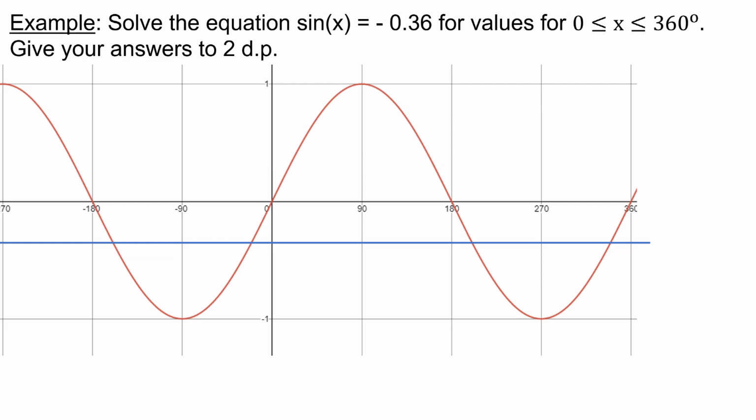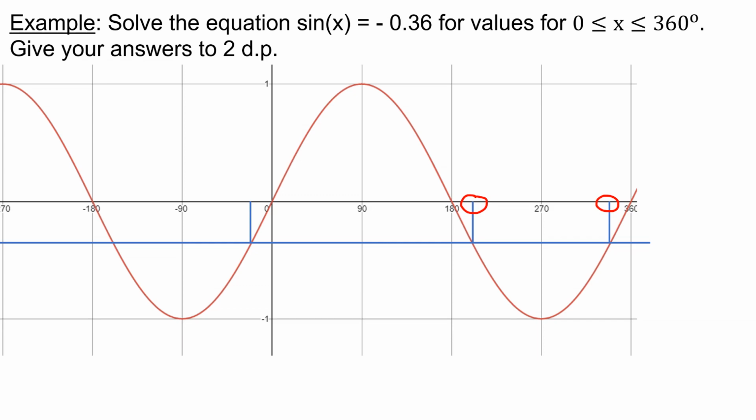Wherever that line hits the graph will be solutions to the equation sine x equals minus 0.36. So I'm going to draw some straight lines up from there to indicate those solutions. The only solutions that we want are those between 0 and 360, which is this solution here and this solution here.